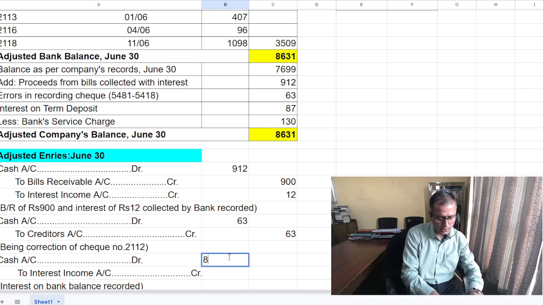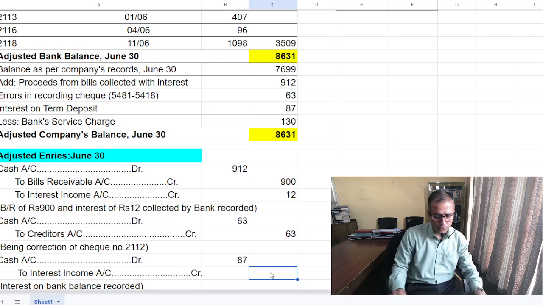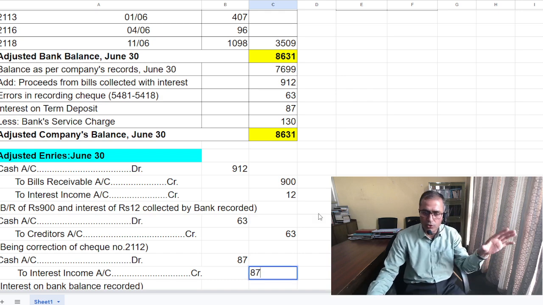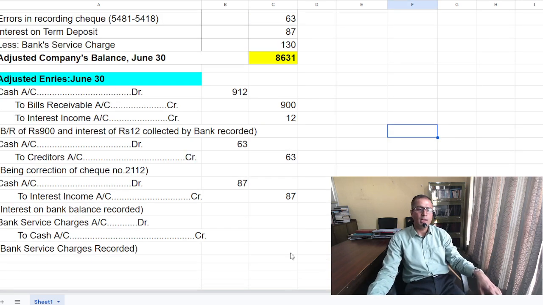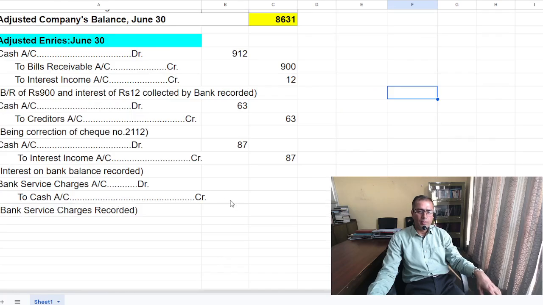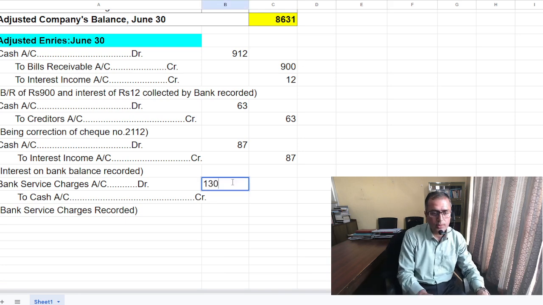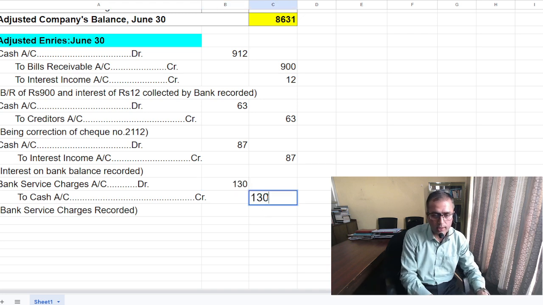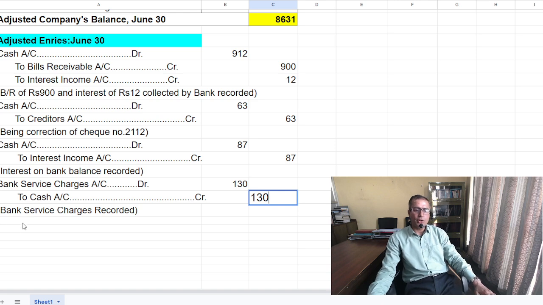Now you can say here 87. So you have to read the question carefully first of all, then you could move according to your question's demand. And bank service charge, that is 130. Basically we are using the double entry system rules here, right? 130, and this is our 130, and you could explain all in the narration like bank service charge.